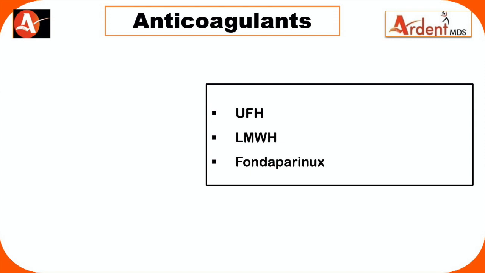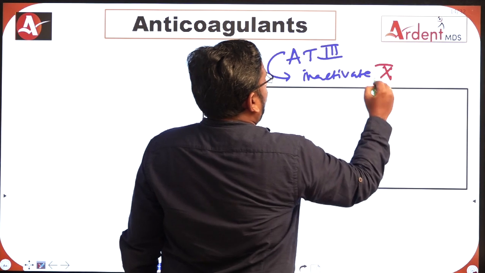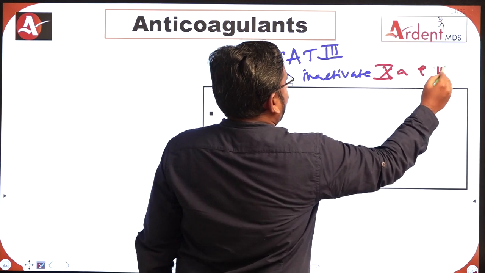Coming to the prophylactic anticoagulants like unfractionated heparin, low molecular weight heparin and fondaparinux. How do these prophylactic anticoagulants act? These anticoagulants activate antithrombin 3, and this antithrombin 3 inactivates factor 10A and factor 2A.